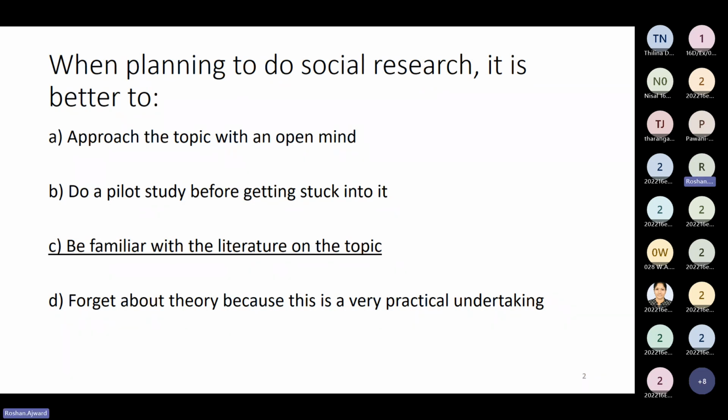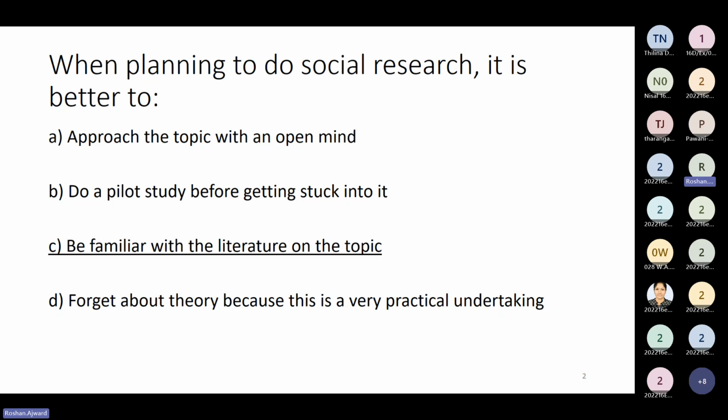Now, under your assignment, you have to prepare what? A research proposal, isn't it? Now is the time that you have to plan for your research proposal, and you need to see what study you need to do. So in that case, what do you need to read?